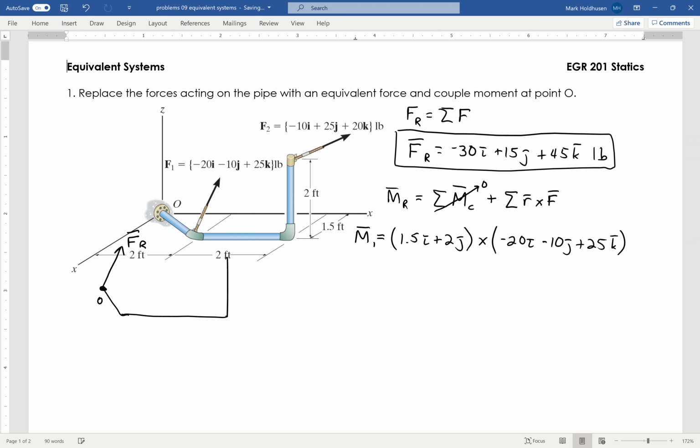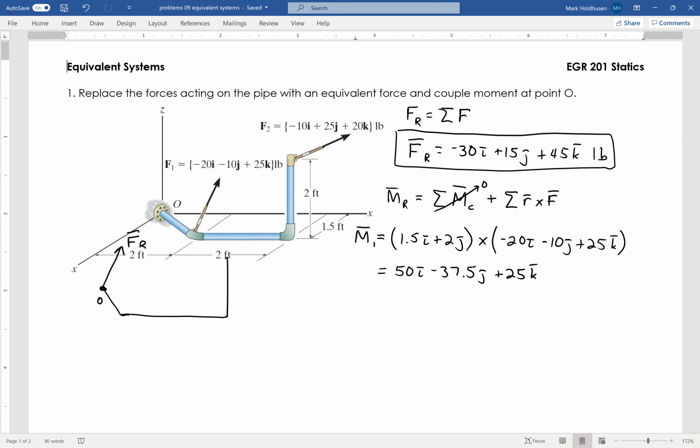Doing that cross product, I get 50i minus 37.5j plus 25k. Again, this is the moment that force 1 was creating about point O before I moved it over. Now that I've moved that force to point O, I need to also include this couple moment at point O. That was what F1 was doing when it was at point O.